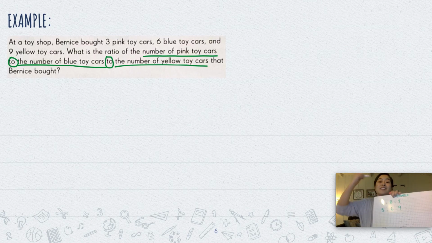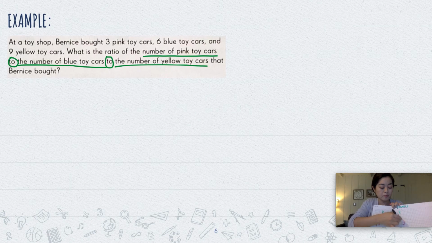Okay? What is a common factor between 3, 6, and 9? It's 3. So we want to divide all of these by 3. And what do we get?